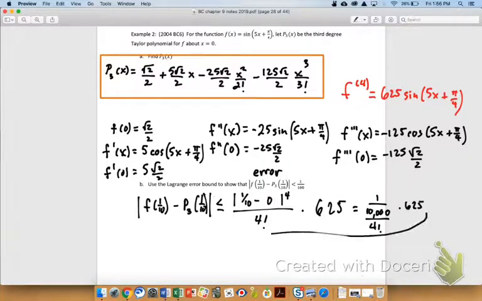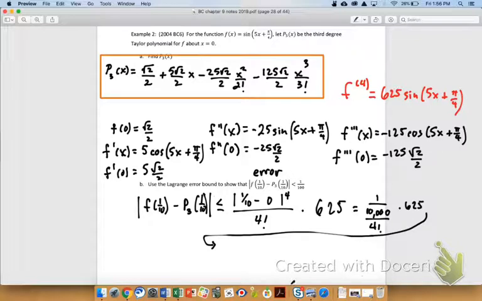Now it would be 1/10,000 over 4 factorial, times 625. So let's see here. 4 factorial is 4 times 3 times 2 times 1, which is 24.